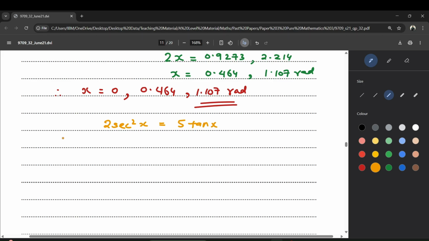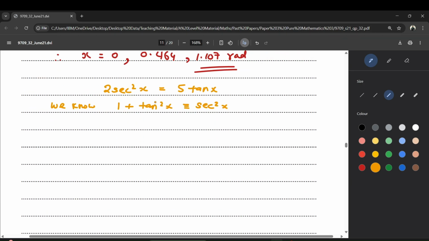Now we know the identity that 1 plus tan squared x is equivalent to sec squared x. So you can substitute 1 plus tan squared x, okay, equals to 5 tan x.